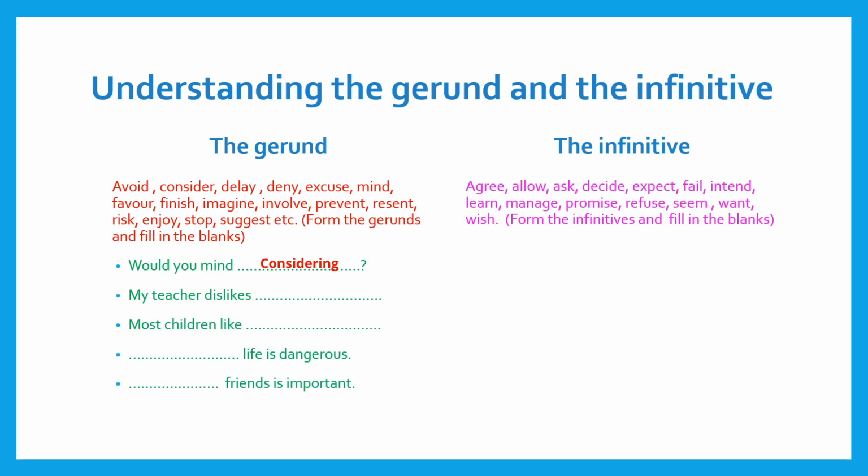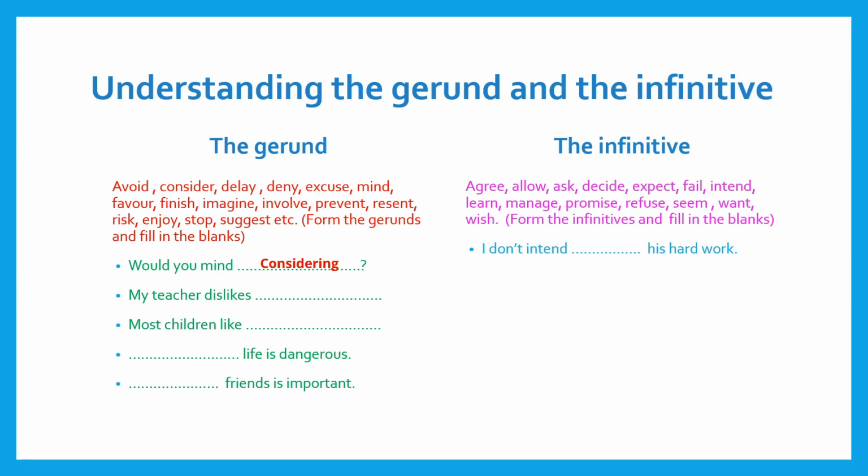Now coming to the infinitives. For example, I don't intend dash his hard work. So look at the verbs put up on the above. So I can make all the words infinitives. To agree, to allow, to ask, to decide, and etc. So what can I fix here?